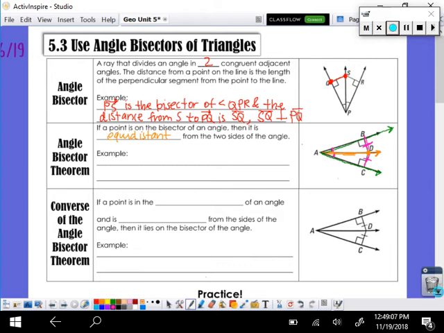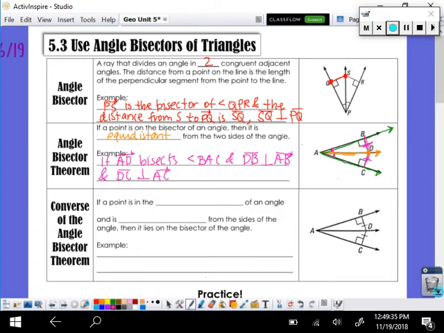Okay, so writing all of this properly, we would say if ray AD bisects angle BAC and segment DB is perpendicular to AB, and DC is perpendicular to ray AC.